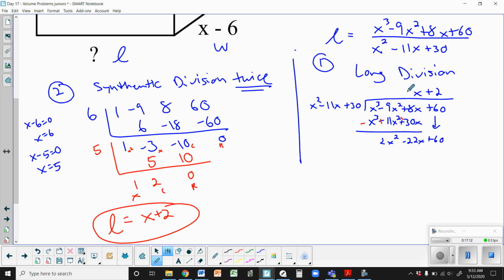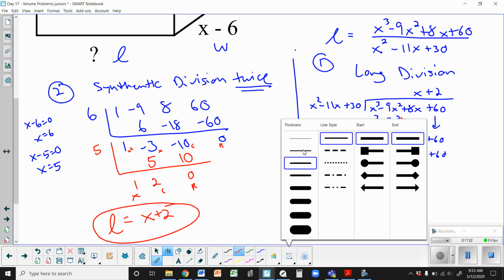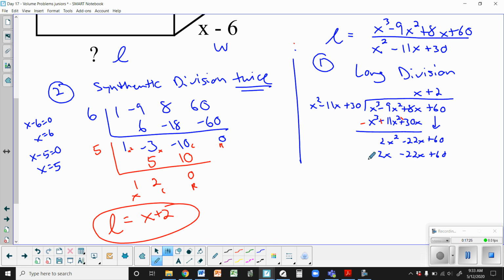So we divided, now we multiply. 2x squared minus 22x plus 60. Oh, look, it's the exact same thing, but we have to switch the sign. So we switch the sign, and notice that all of it cancels out. 0, 0, 0. All right, and notice that we get x plus 2, the same thing. So length equals.